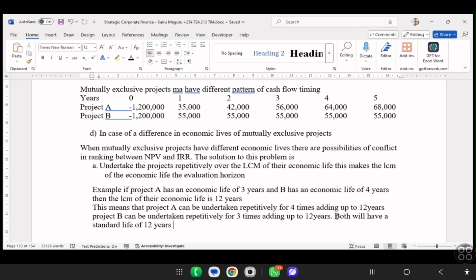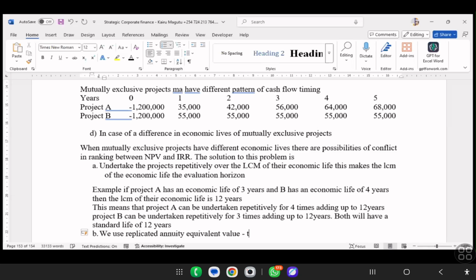We can use the LCM. The other option, number B, we use annuity. We call it the replicated annuity equivalent value.